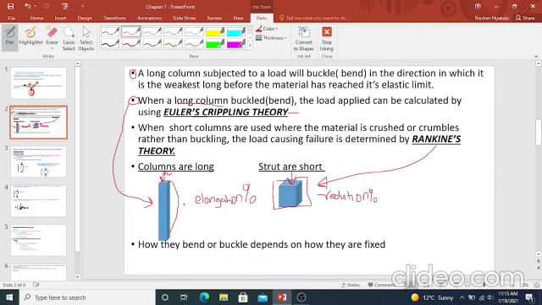Elongation percentage deals with the length of the beam. Then reduction percentage has to do with the cross-sectional area of the beam. When the force is applied, or more especially the tensile force, then the length of the beam will be affected.